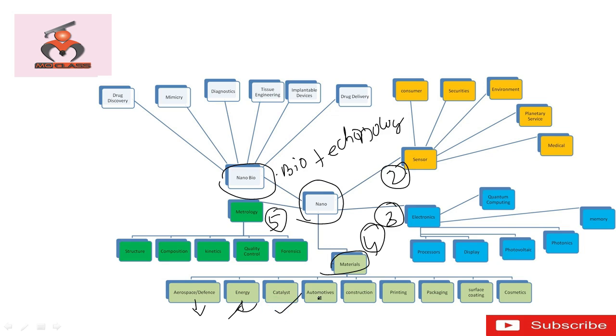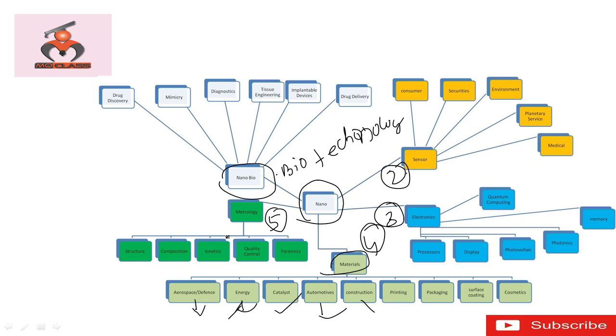Next is your automotive sector. In the automotive sector, nanotechnology can play a major role to reduce pollution, reduce fuel consumption, and increase efficiency. In construction, we can make large structures, and make economical housing, bridges, or different structures that are required.